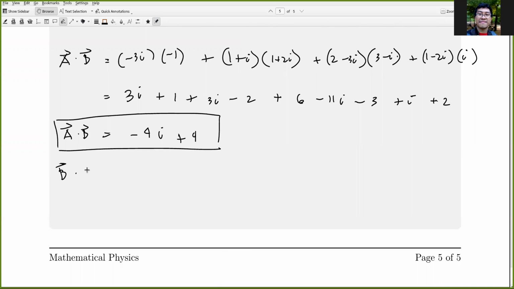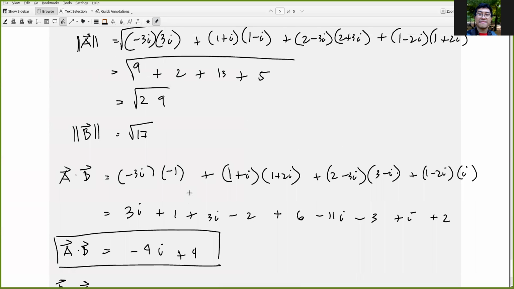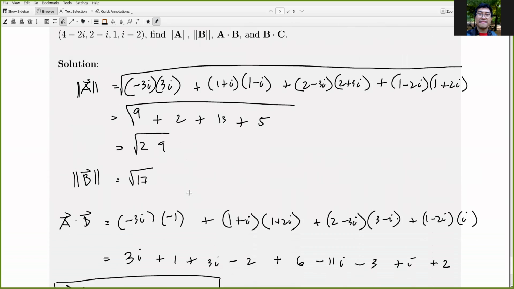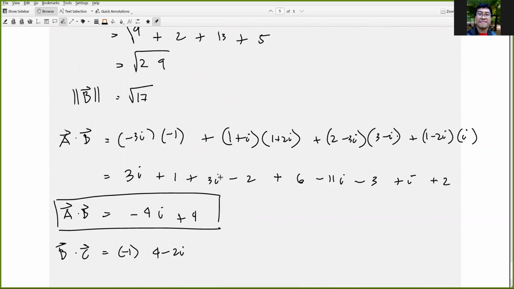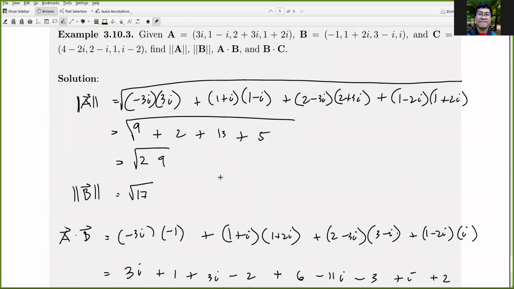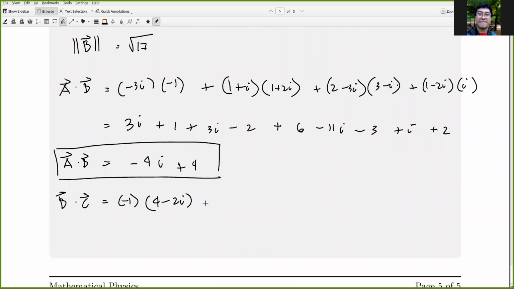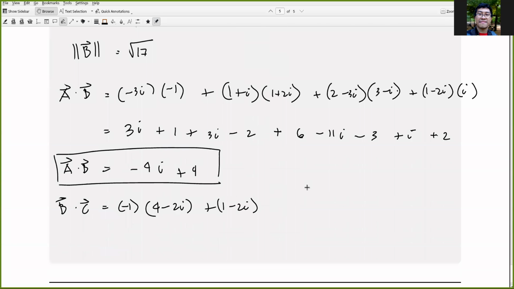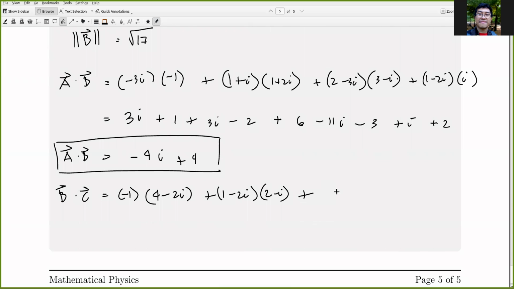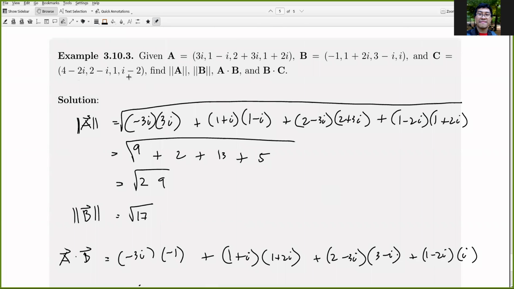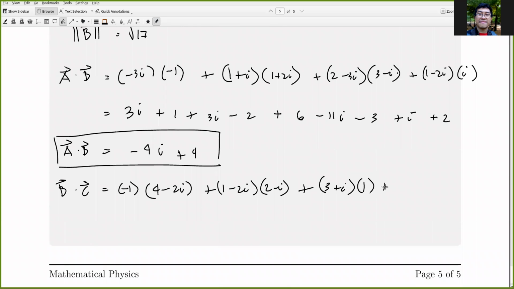For B dot C, you have B is negative 1, C is 4 minus 2i, then 1 plus, or 1 minus 2i, and then 2 minus i, plus 3 minus i, complex conjugate 3 plus i, and here it's 1.